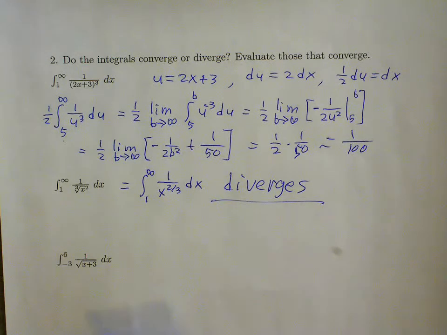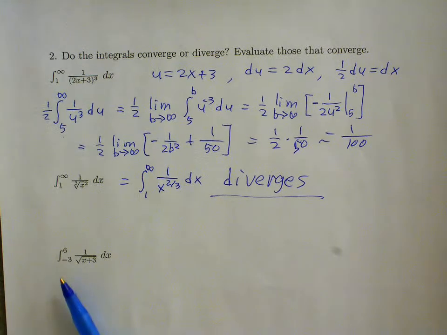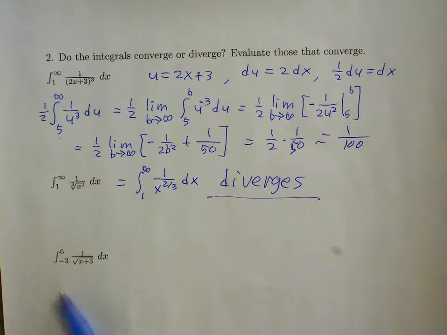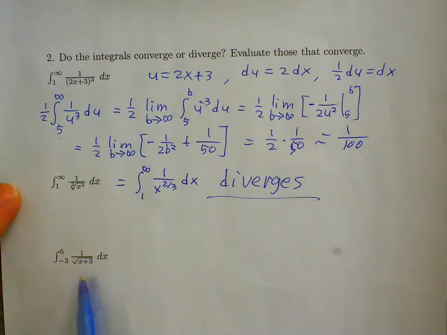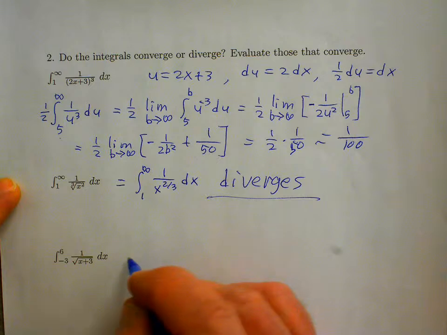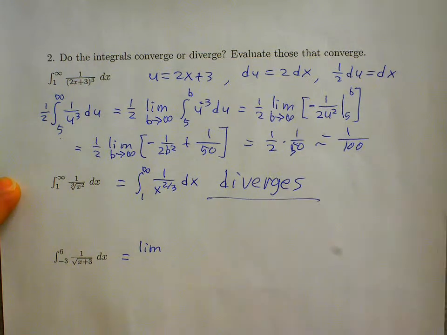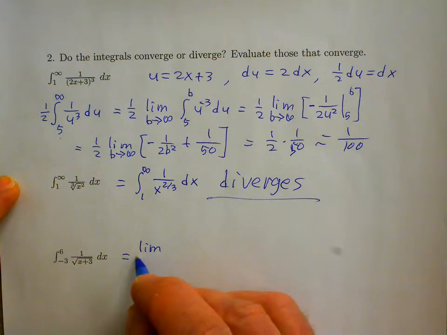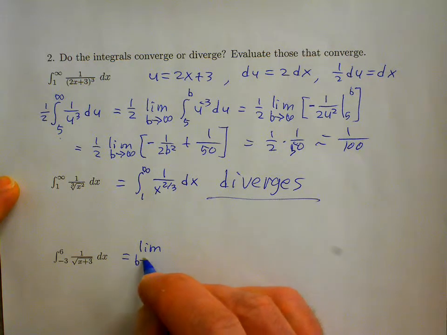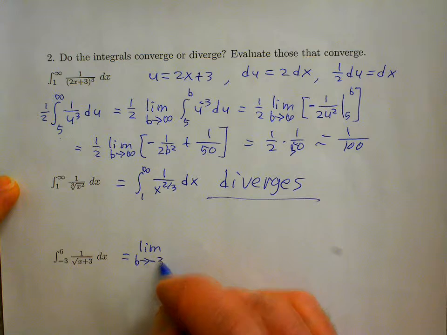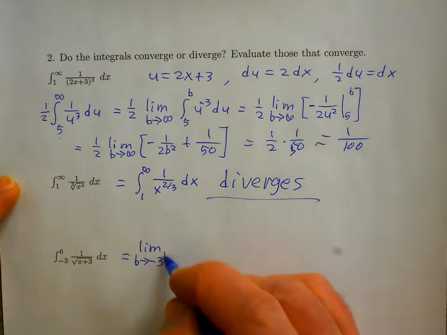Here on this one, we have another improper integral. Why is this improper? Negative 3 plus 3 equals 0. Yeah, negative 3 makes the denominator 0, so this is undefined. So we deal with this one if we take the limit as b approaches negative 3 from above.